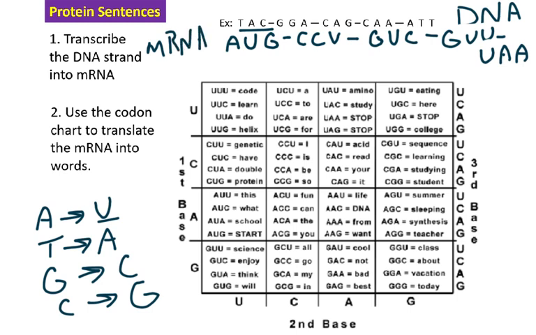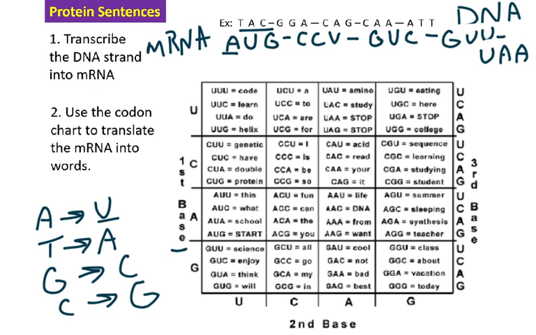we're going to use our mRNA and the codon table in order to figure out what the words that go with it are. So we say, all right, here's our first base. So that's going to be A. I'm going to switch colors. Let's use red so it's easy to see.